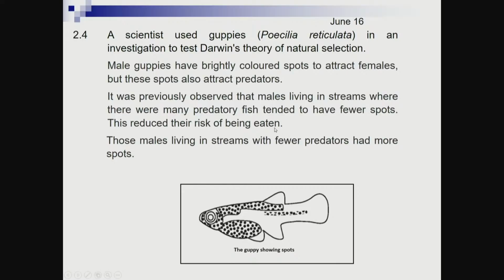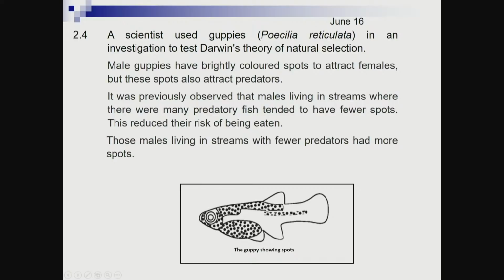So according to Darwin's law of natural selection, there were male guppies with lots of spots and male guppies with fewer spots. That is the variation. The ones with fewer spots survive because they won't be spotted by predators.